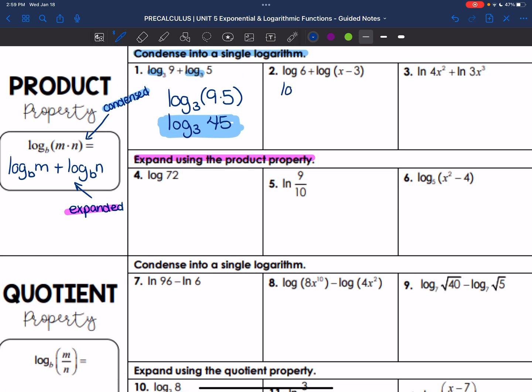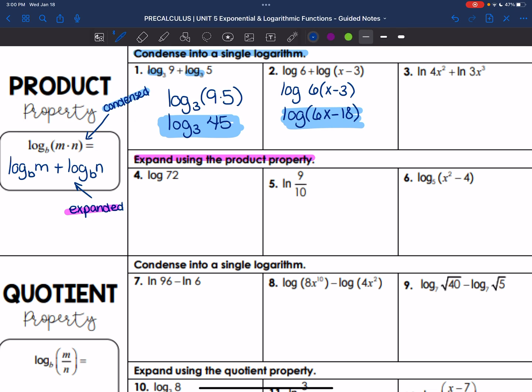This would be log of 6 times x minus 3. So that 6 is multiplying with that entire expression in our second log. You would go ahead and write this as 6x minus 18. And we can put that all in parentheses so we know that we're taking log of all of that expression.